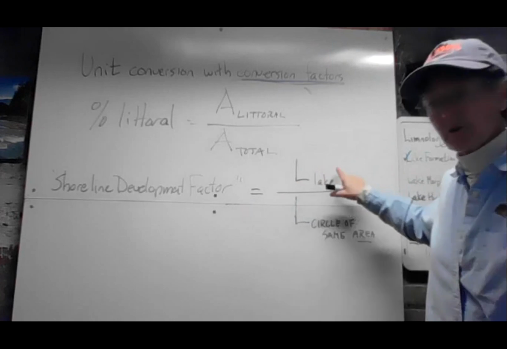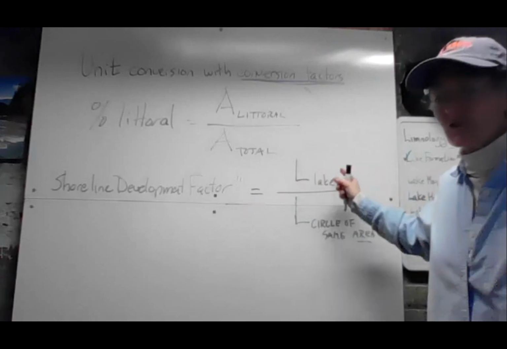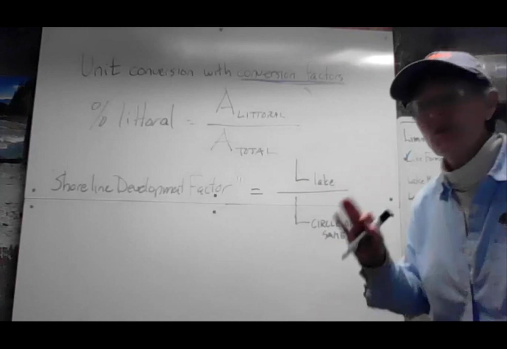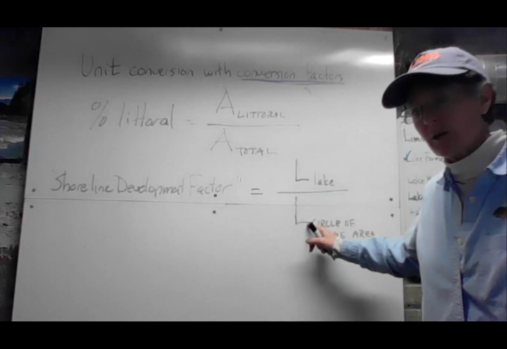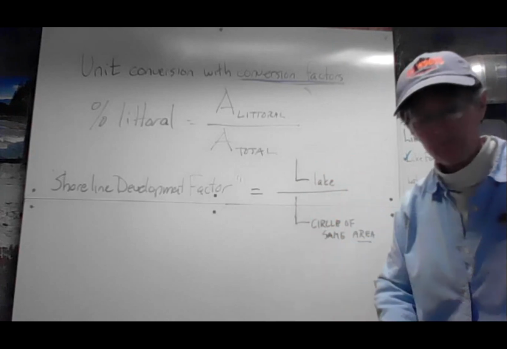So it's the length of the actual shoreline of the lake divided by the smallest possible shoreline. And that would be the length of the shoreline if the lake was a perfect circle.